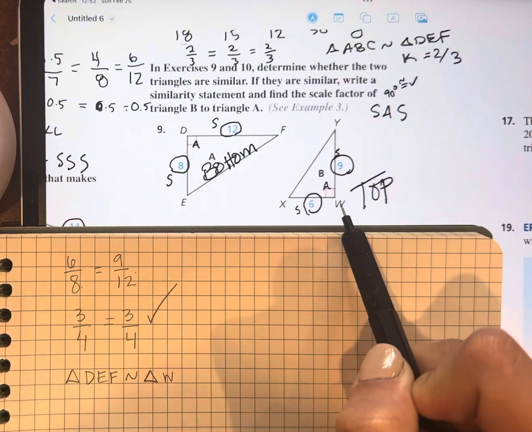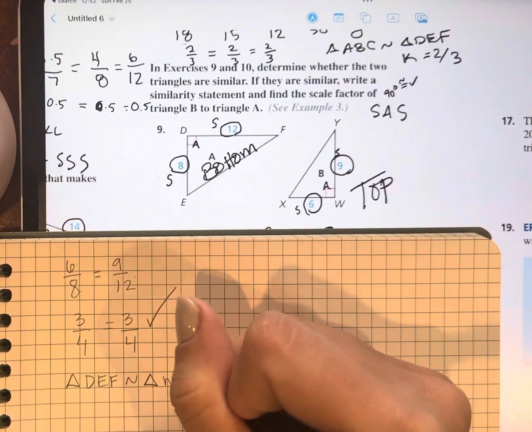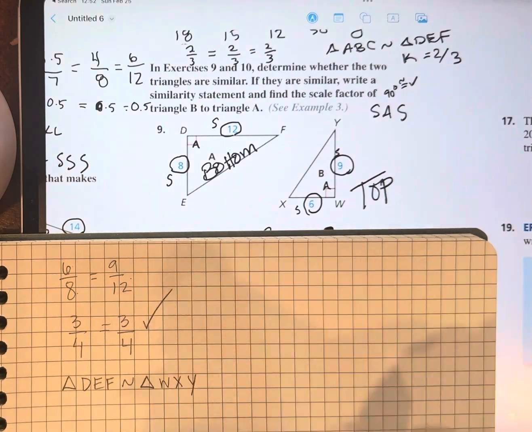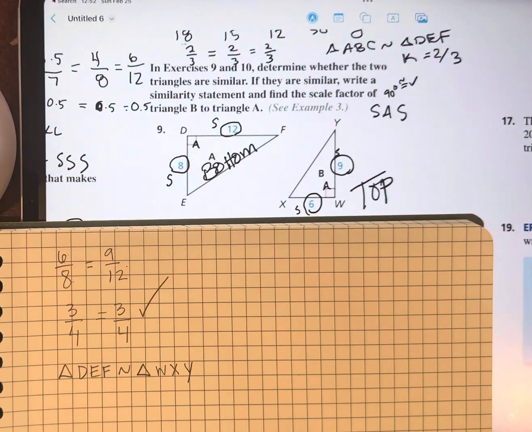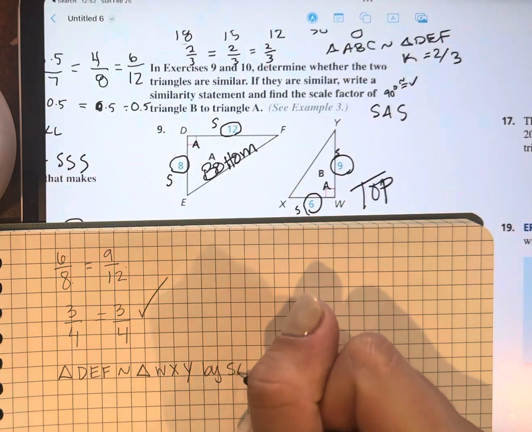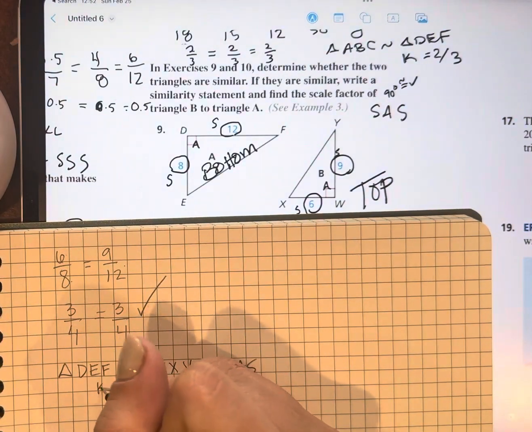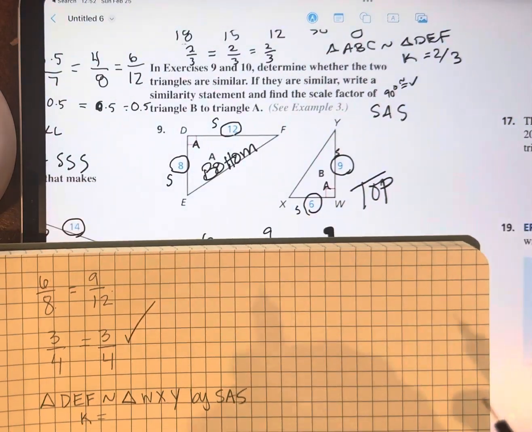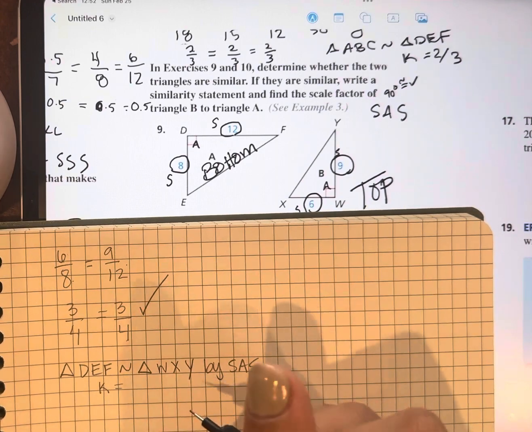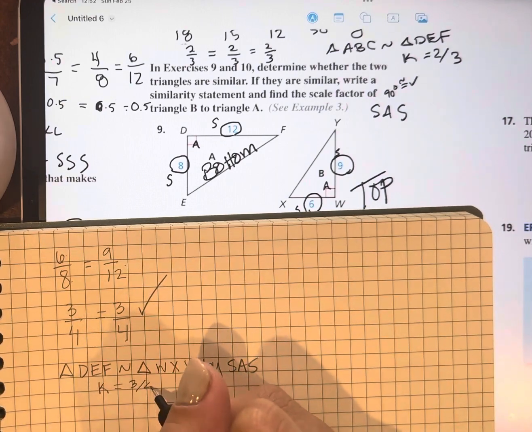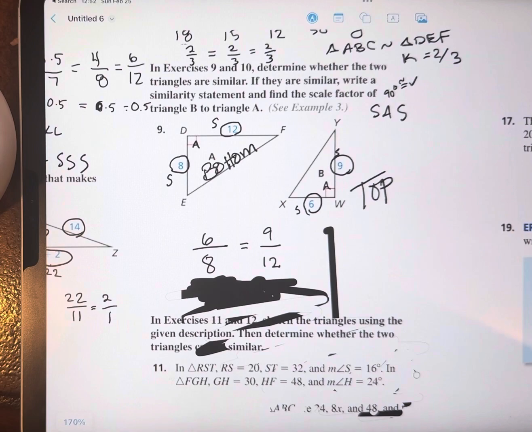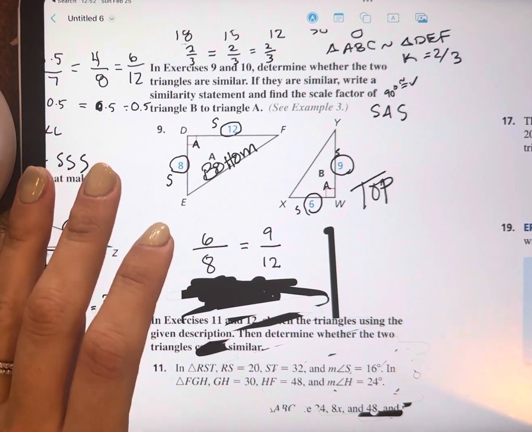So from W, I must go along the short side to X. And then Y is the only letter left. This is by SAS. And the scale factor is that ratio that I verified, that 3/4. So we're good.